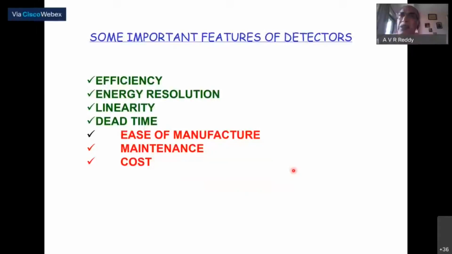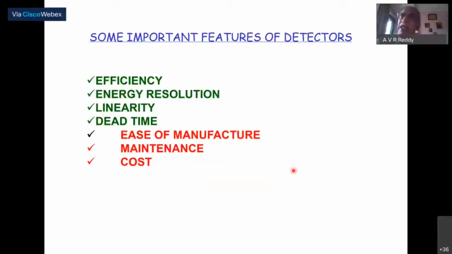Then the resolution. Energy resolution is very important if you are doing spectroscopic studies. The meaning of this is, if there are two gamma rays, let us say in gamma spectrometry, of nearby energy, then the capability of resolving them as two separate signals is called energy resolution.